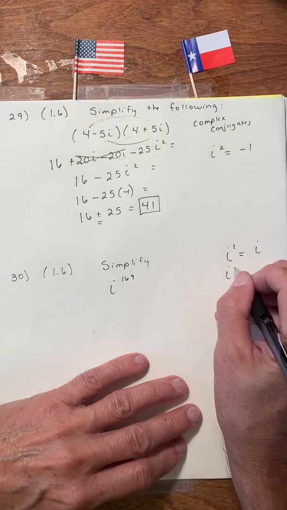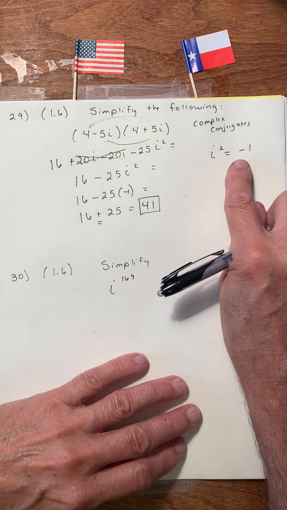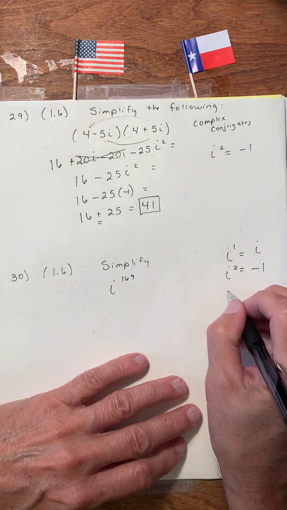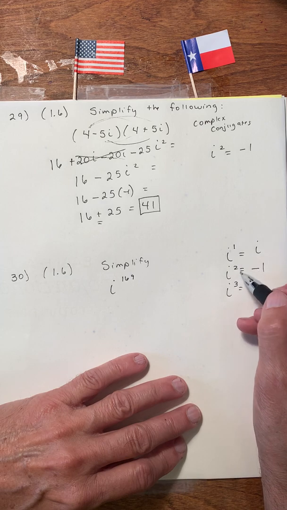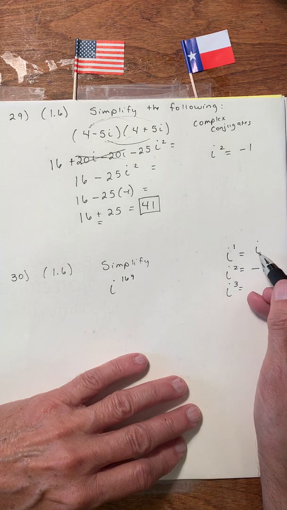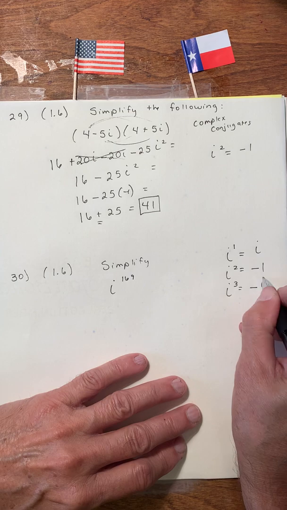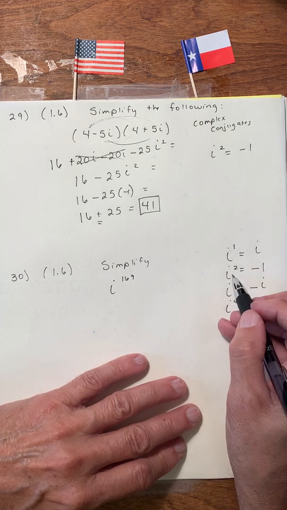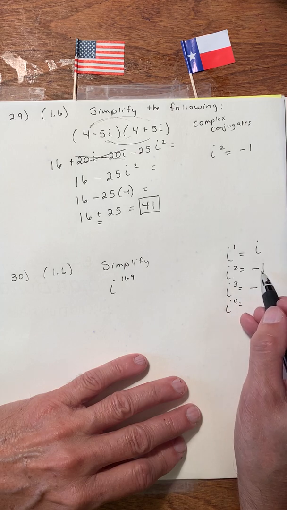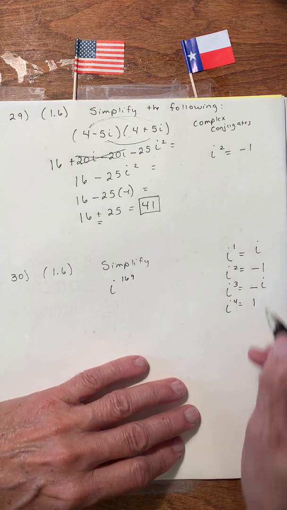That i squared was negative 1. That i to the third is just the product of these two. i squared times i to the first, negative 1 times i is negative i. And that i to the fourth would just be i squared times i squared. Negative 1 times negative 1 is 1.